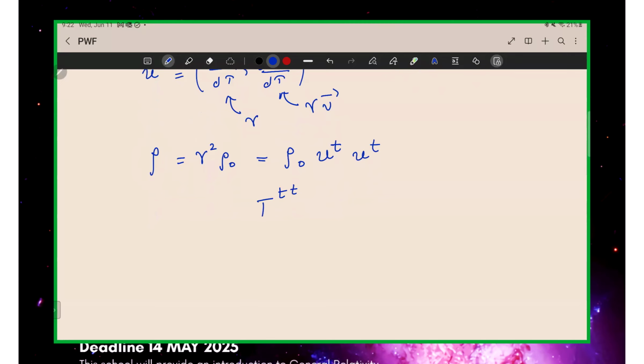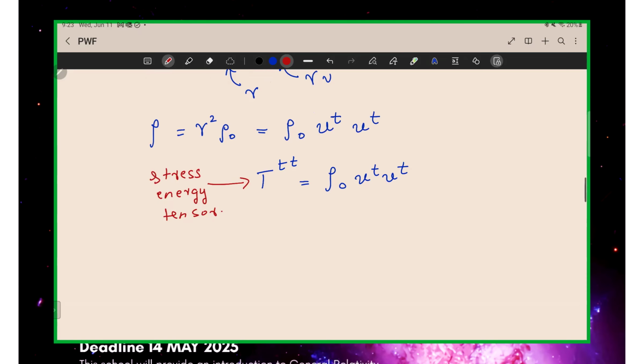I'll explain why I'm doing that in some minutes. Now, what is this capital T? This capital T is called the stress tensor or the stress energy tensor. And T^tt means that it is the time component of the stress energy tensor, right?